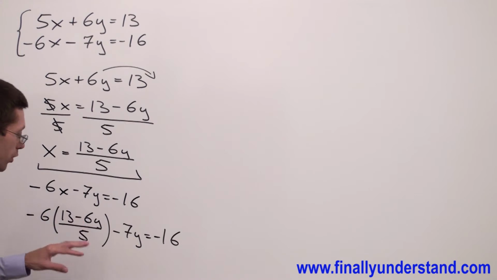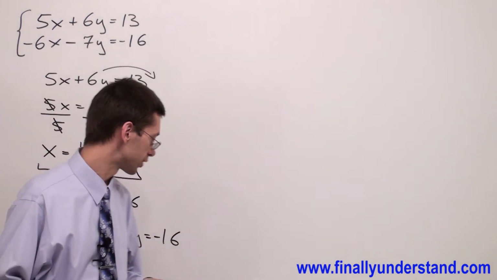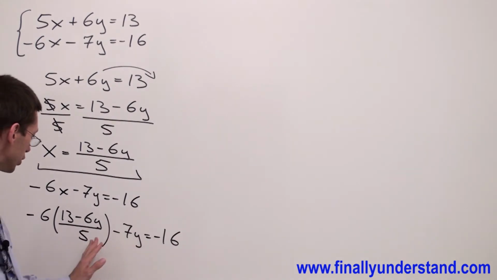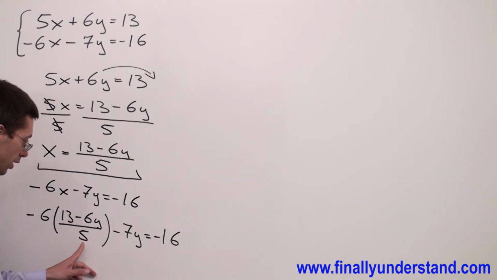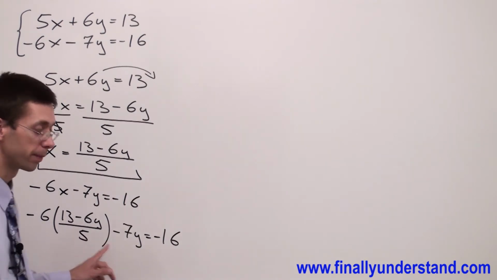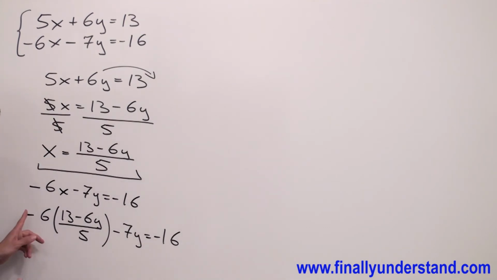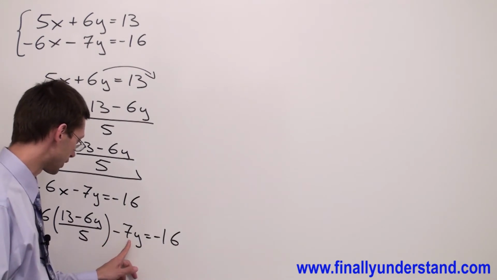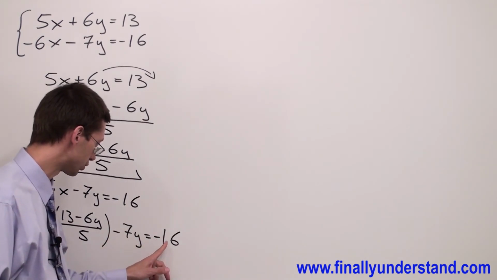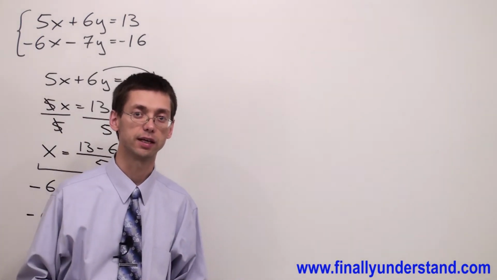In order to eliminate the fraction, we're supposed to multiply both sides of the equation by the common denominator. Because we have just one denominator in this equation, I'm going to multiply by 5. But take a look. We have a negative sign in front of 6, a negative sign next to 7, and a negative sign next to 16. That means every single term in this equation is negative.